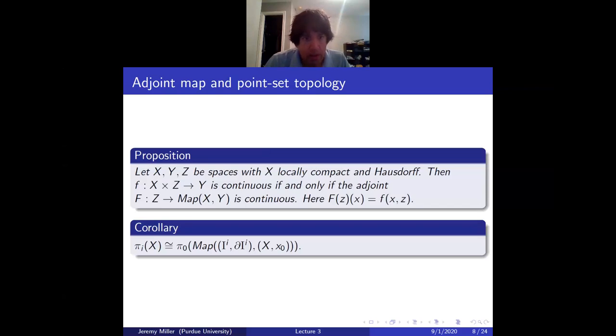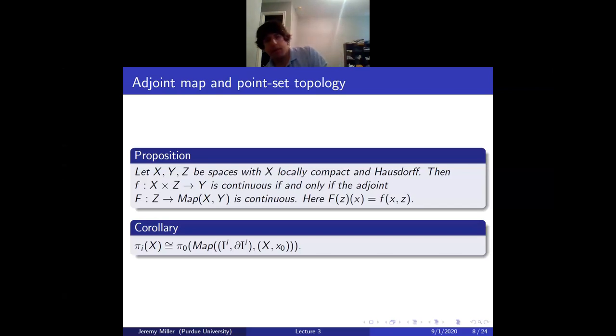It says that under reasonable conditions, so if X is locally compact Hausdorff, then a map from X cross Z into Y is continuous if and only if the adjoint map from Z into maps from X into Y is continuous.